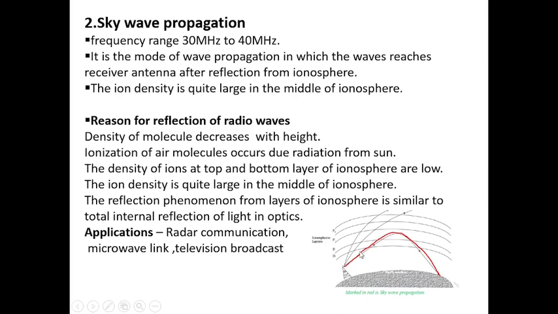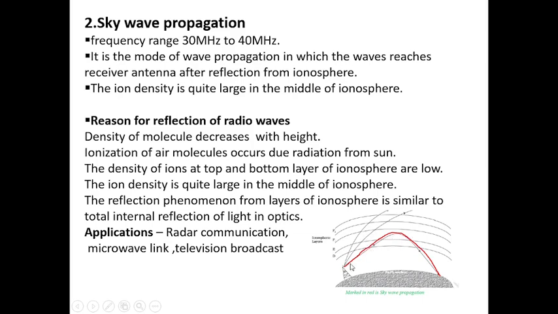Depending on the frequency of these sky waves, they are reflected from this layer of the ionosphere. Suppose the sky wave energy is very high, they are able to penetrate. These rays indicate that the sky waves are penetrated through the ionosphere. But if the energy is less, they are reflected.